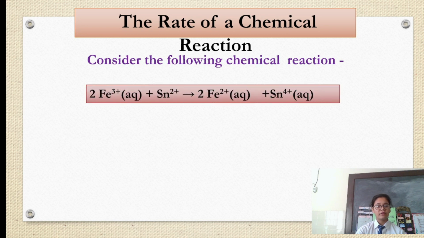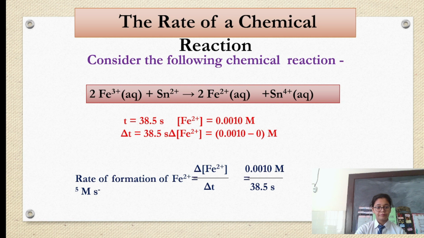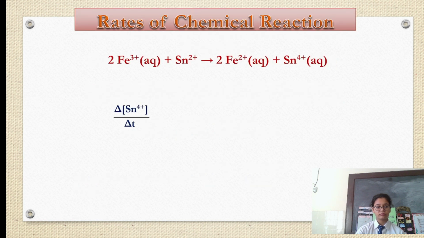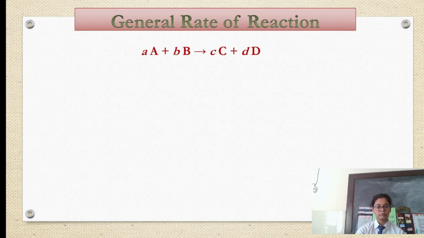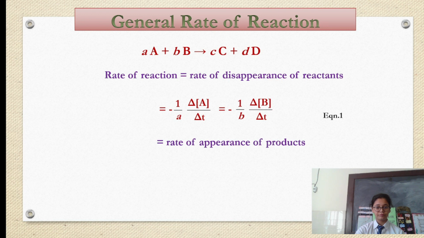Consider the following chemical reaction as given below. General rate of reaction is also given below. Rate of reaction is equal to rate of disappearance of reactants, also given below.